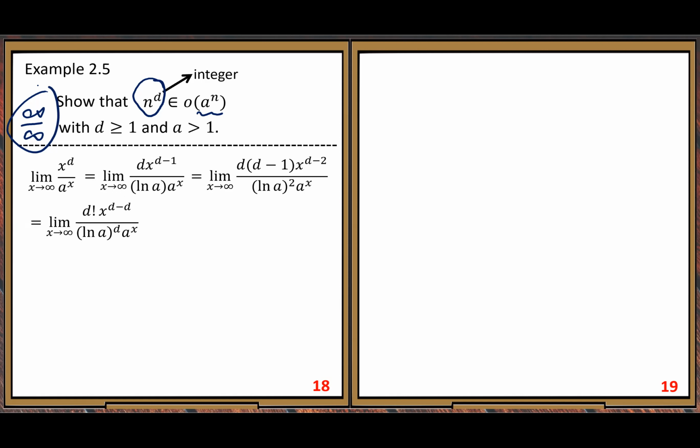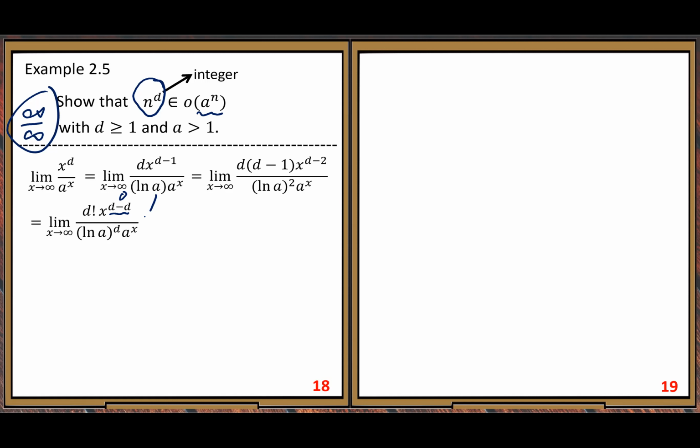So let's assume we apply L'Hopital's rule all the way to the last one. Which one is the last one? First, d factorial. And when you look at the variable part, x to the d minus d. D minus d is 0, and x to the 0 is 1. 1 is not a variable, it's a constant.